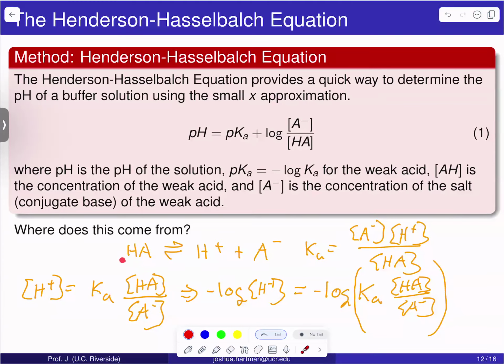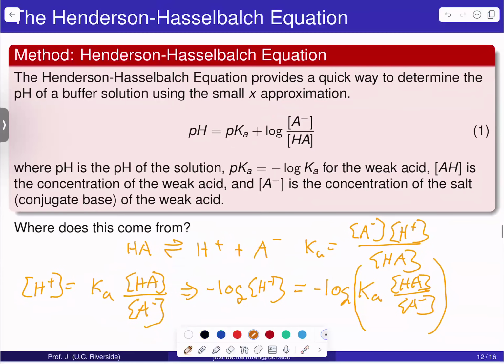Because if you look at some generic equilibrium between a weak acid, HA, and its conjugate base, and write out the Ka equilibrium constant expression, you could rearrange it to solve for H plus, and then take the minus log of both sides to give us minus log of H plus, which is of course just pH, and then minus log of Ka times this ratio.